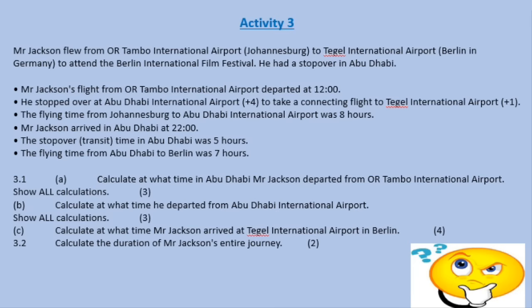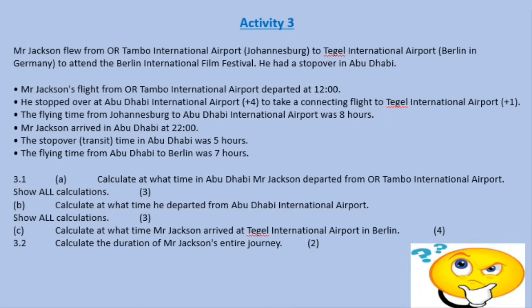So we have another activity that we can do. And the question reads as follows. Mr. Jackson flew from OR Tambo International Airport, Johannesburg, to Tegel International Airport, which is in Berlin in Germany, to attend the Berlin International Film Festival. He had a stopover in Abu Dhabi. Mr. Jackson's flight from OR Tambo International Airport departed at 12 hours.